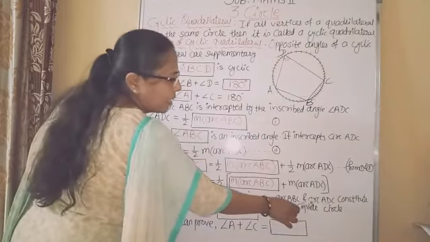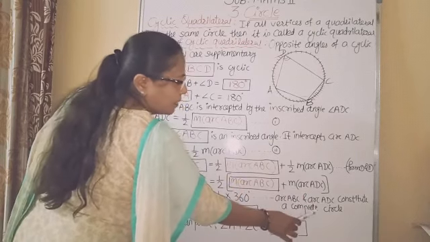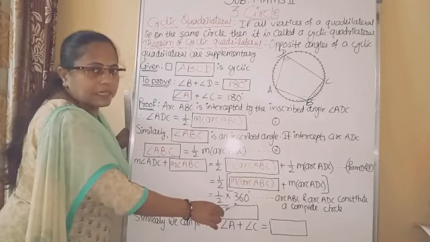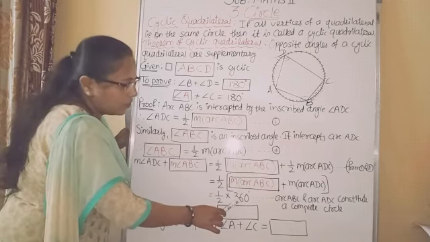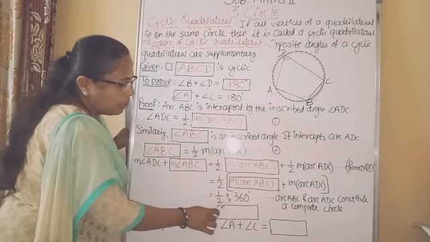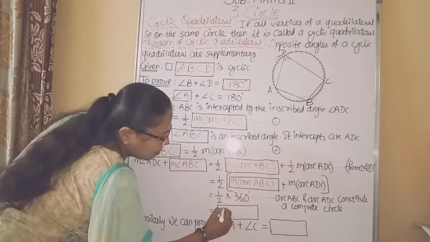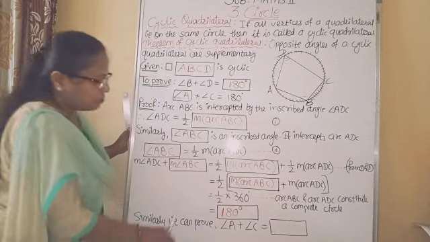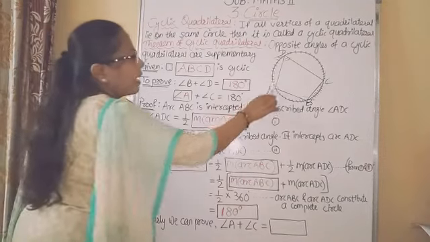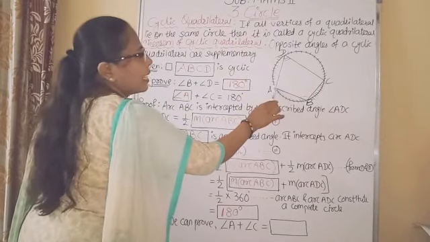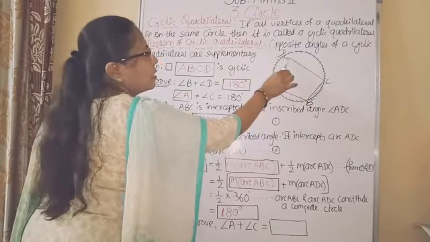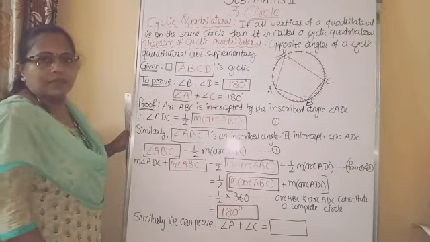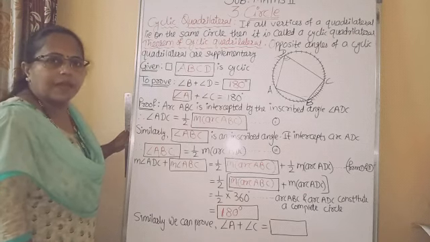Arc ABC and arc ADC constitute a complete circle, and therefore the measure is 360 degrees. So half into 360 degrees is 180 degrees. So this way we proved angle ADC plus angle ABC, the sum of the measures of these opposite angles, is 180 degrees using the inscribed angle theorem.